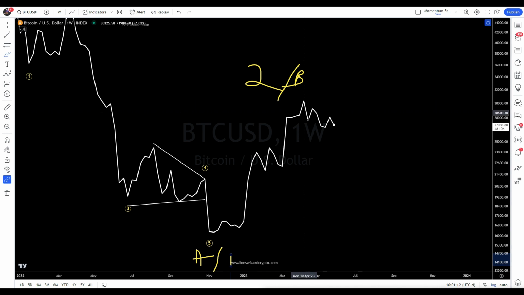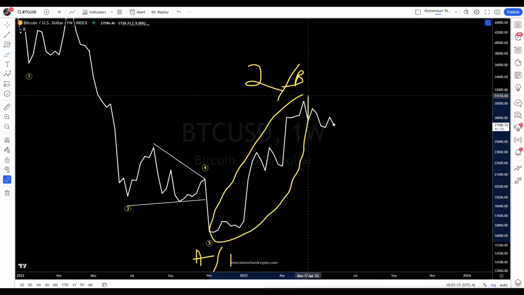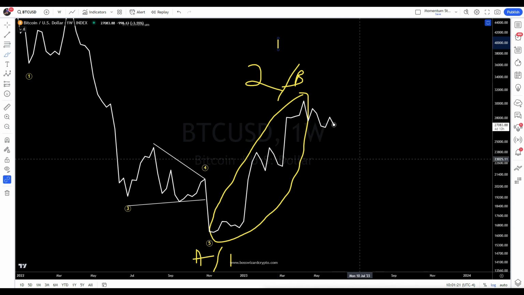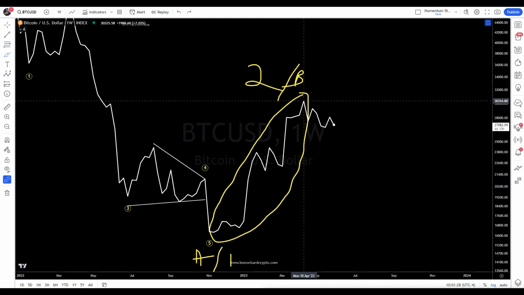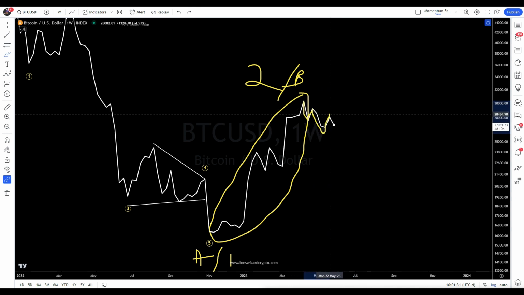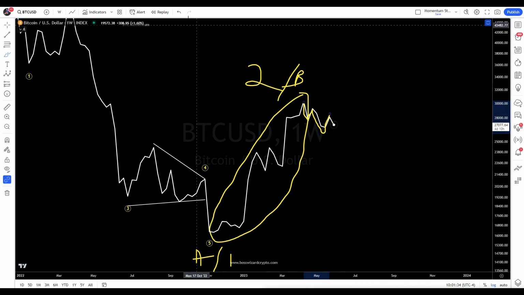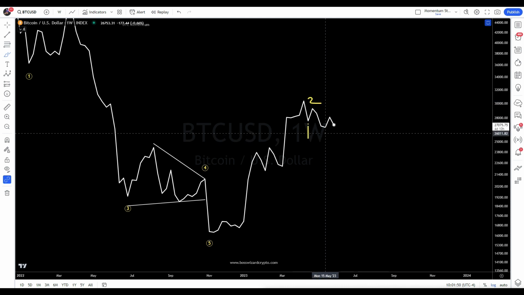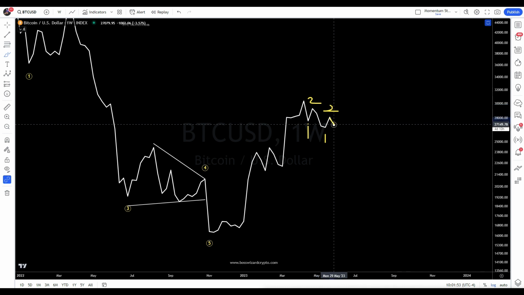And if this is supposed to be the same degree as this, if this is a 1, and this is a 2, then why do I very clearly see a structure forming on the weekly time frame to the downside, in subwave structure, being one of two things, either 1, 2, 1, 2, and now it's just about to get freaking nasty?